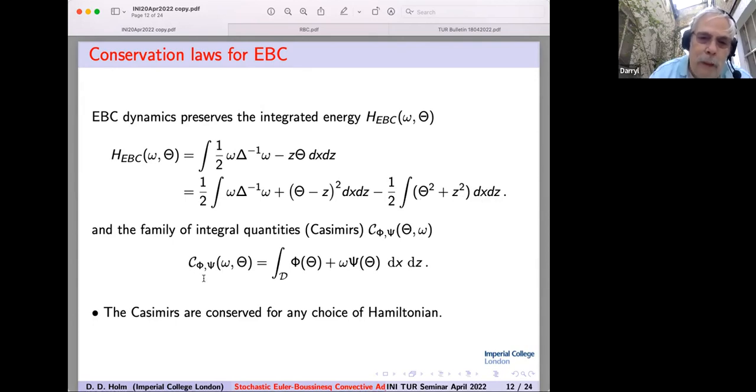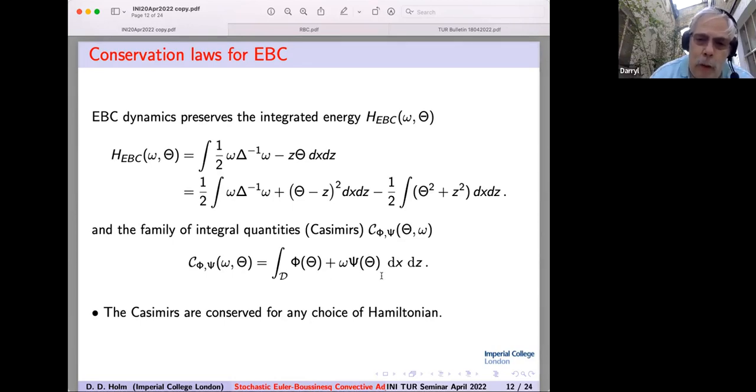And it's preserved because there's a whole family of integral quantities called Casimirs, which, for example, an arbitrary function of theta will be preserved. That's because theta is just being advected. So we can't do anything except move things around. Even if it's a nonlinear function of theta, it just gets moved around. And the advection equation for divergence-free velocity tells you that's going to be conserved.